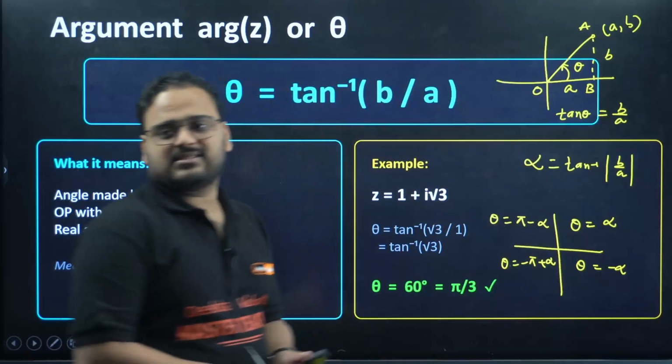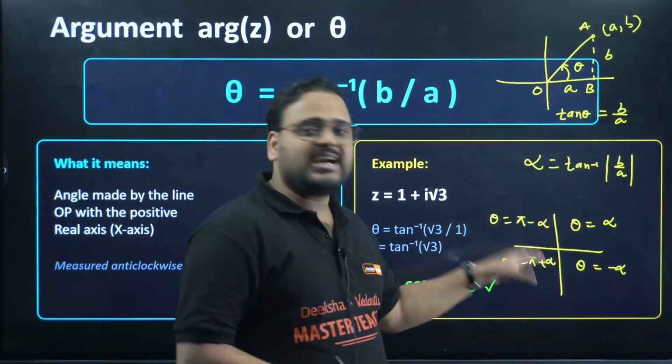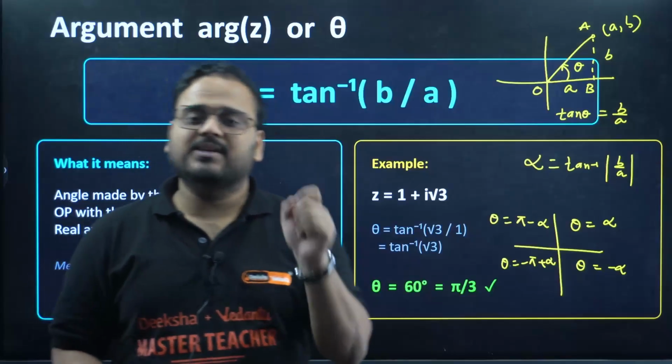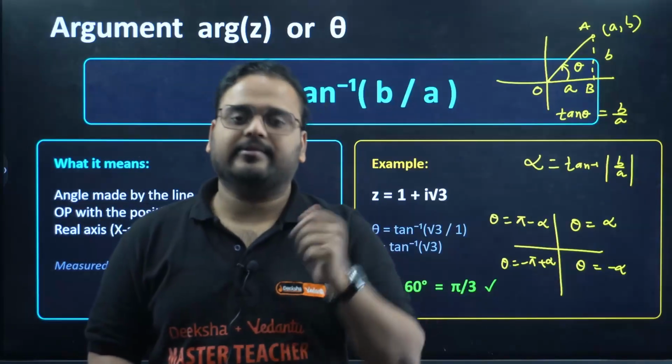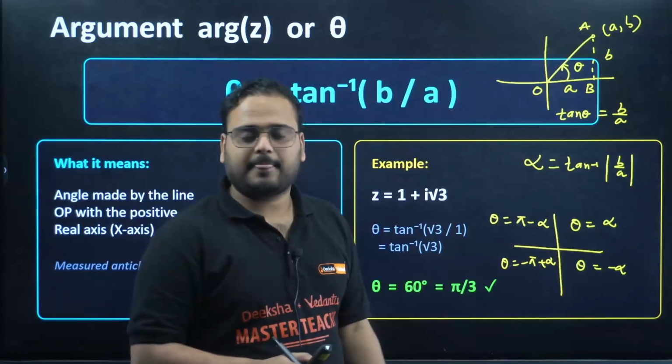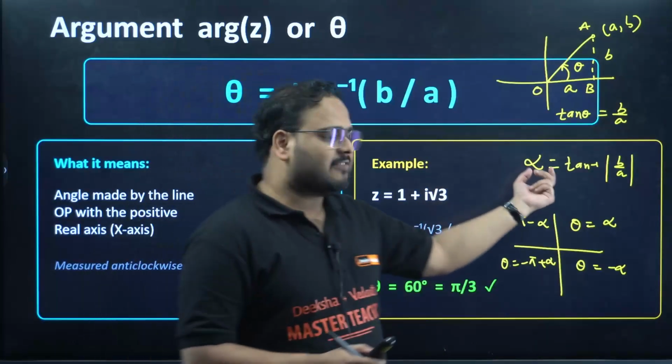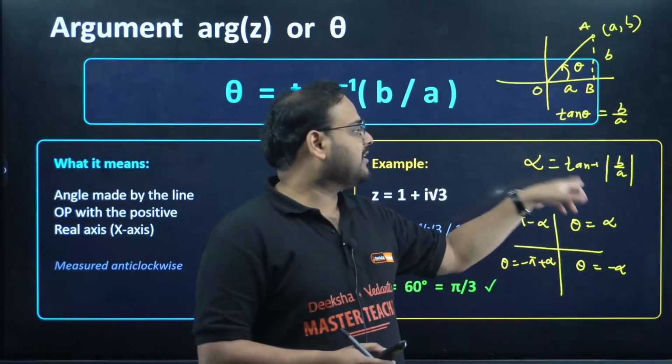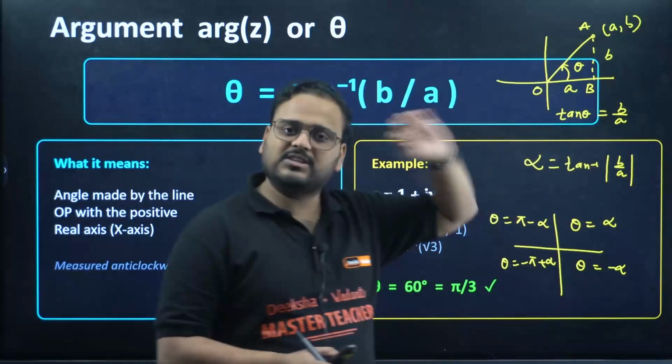What's the meaning of this? As per the quadrant where the complex number is located, because it is a point, you will have the argument defined in these 4 ways. So you find the alpha value. How do you find the alpha value? Tan inverse of the modulus of b by a. Just keep it simple.